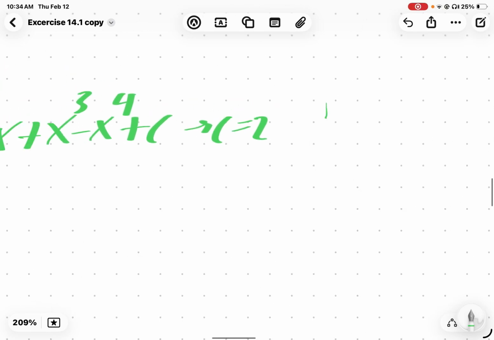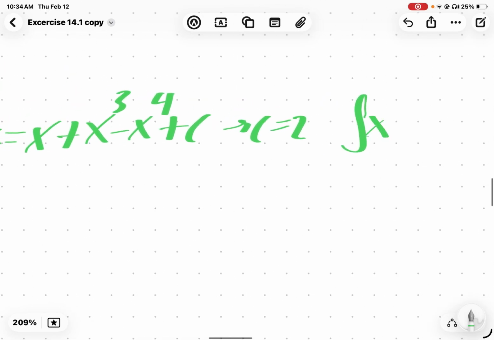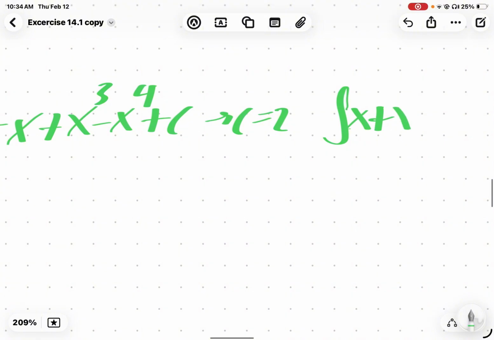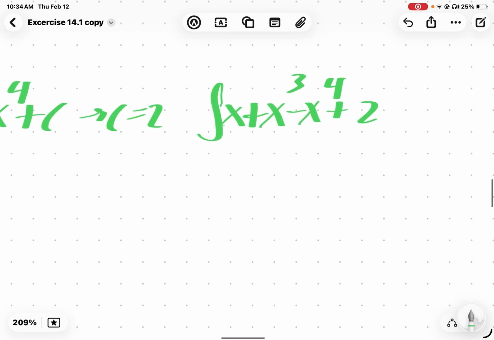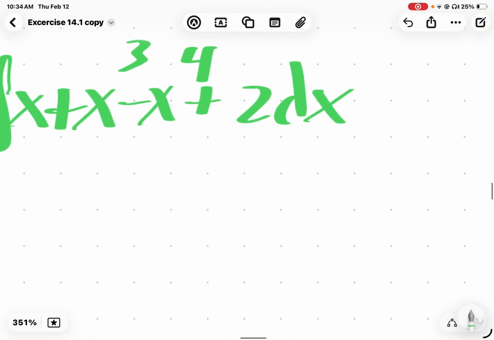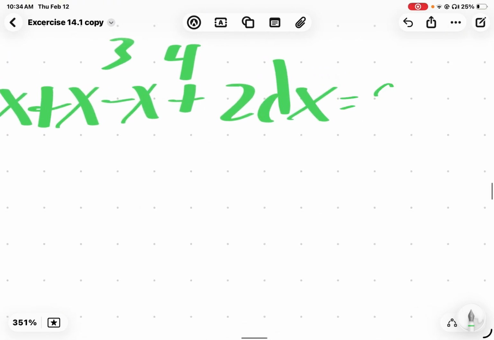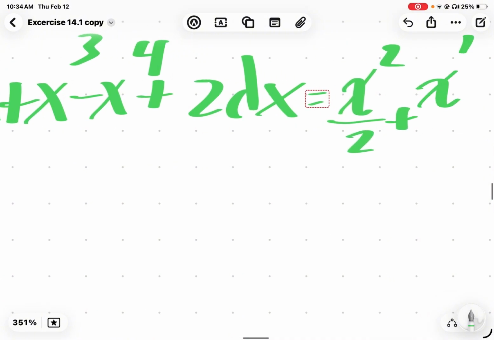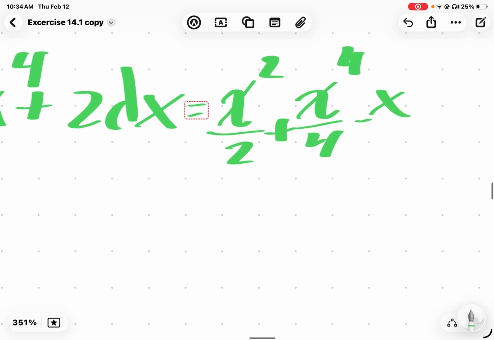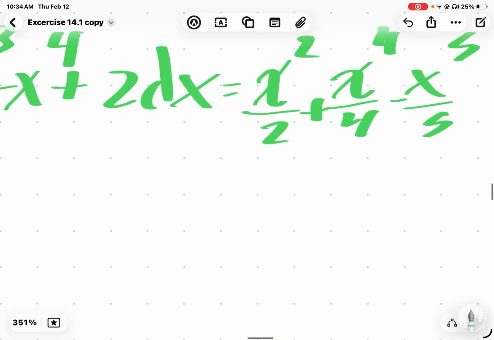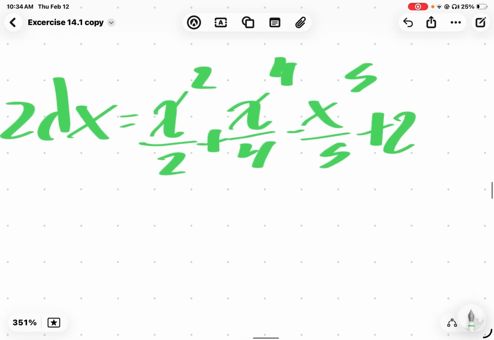So now we'll have to take the integral again of x plus x cubed minus x to the 4th, and then plus c, which we said is 2, dx. This gives us x squared over 2 plus x to the 4th over 4 minus x to the 5th over 5, and then plus 2x.